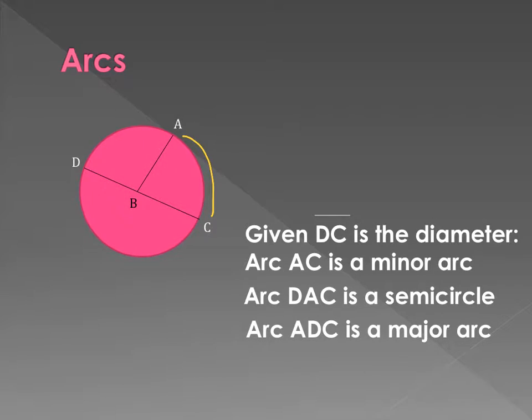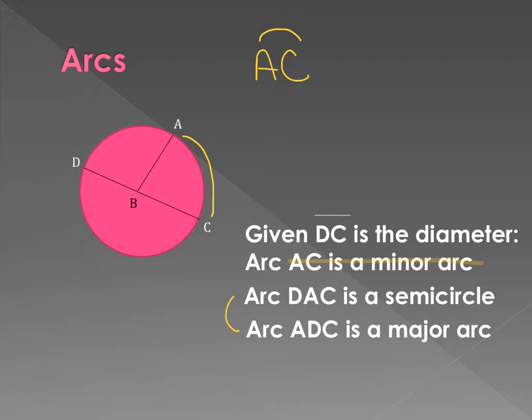The symbol for an arc would be, you write two of the letters for a minor arc, and you draw a picture of an arc on top of it. For the major arc and the semicircle arc, we are going to name it with 3 letters. You could name the minor arc with 3 letters, but all we need are 2. So in this figure, AC is a minor arc.